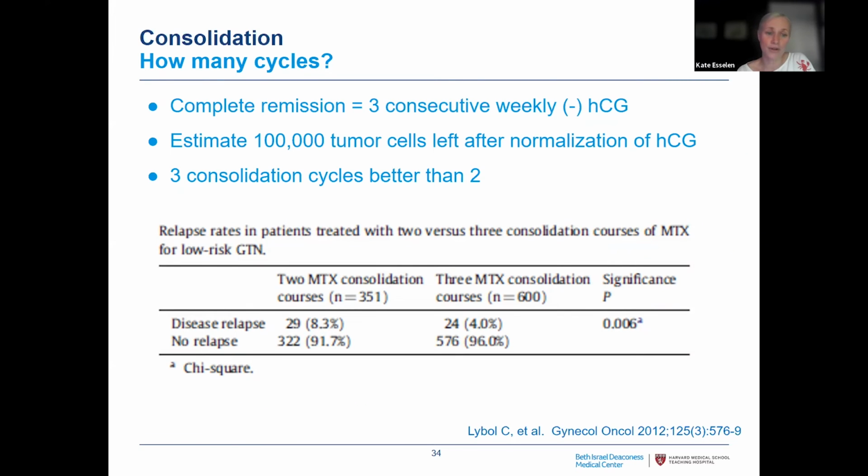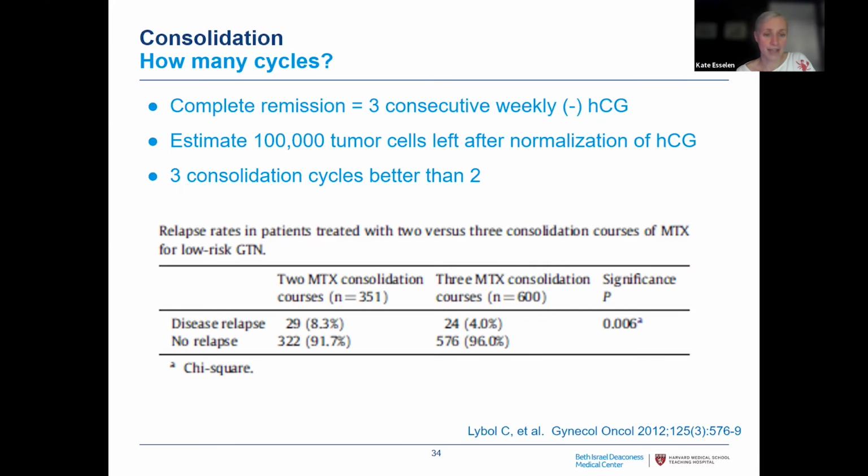Our colleagues across the street and in Brazil looked at a large number of patients: 350 patients who got 2 cycles of consolidation versus 600 who got 3. They showed that the disease relapse rate was statistically significantly different between the 2 groups: about 8% with 2 consolidation cycles and 4% with 3.